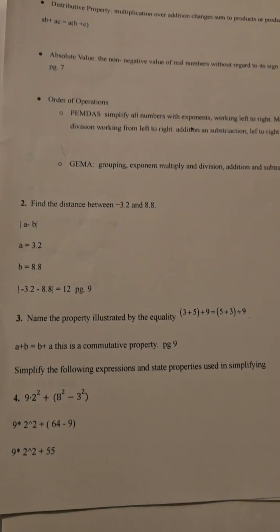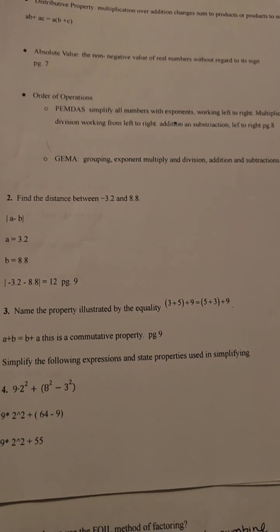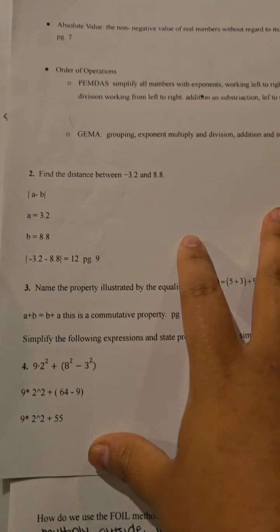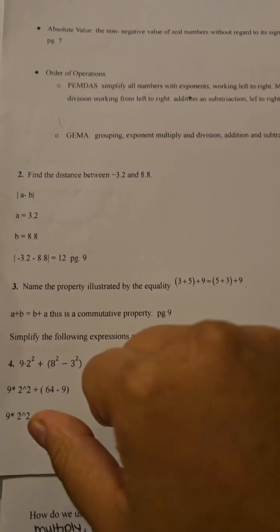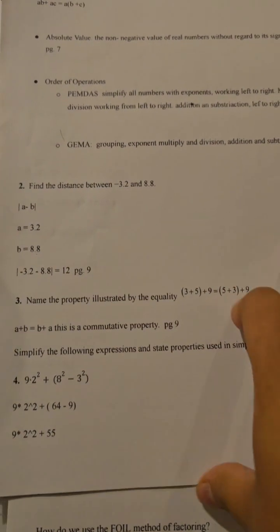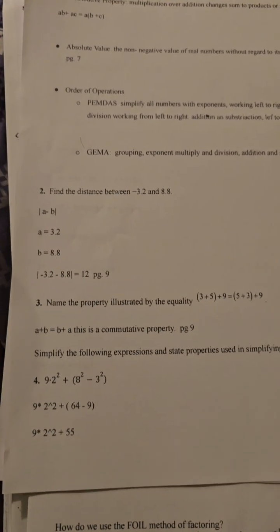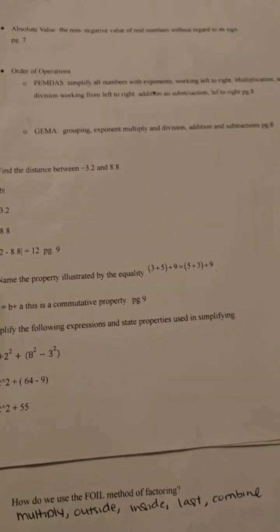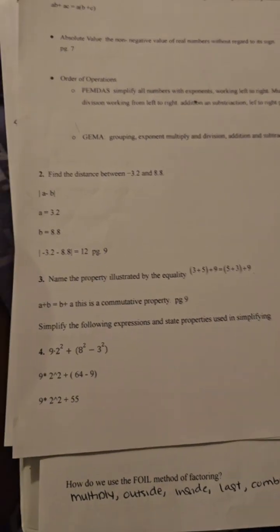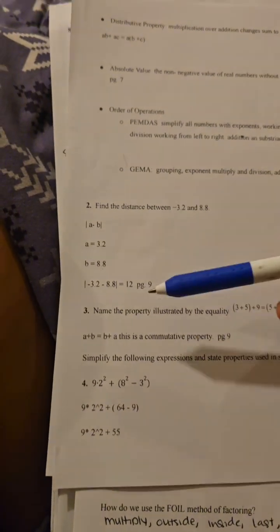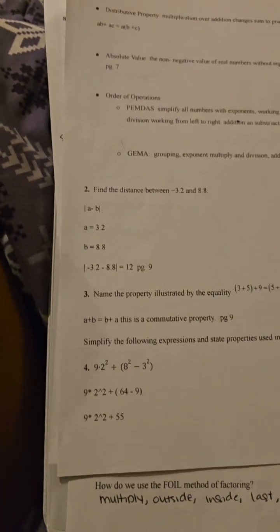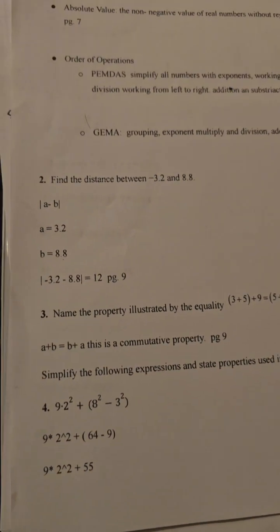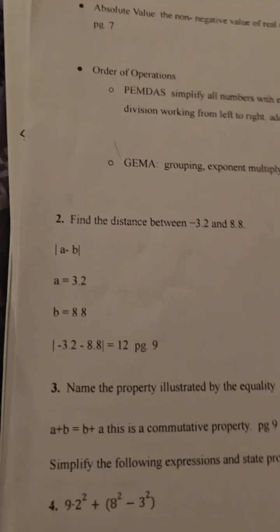Finding the distance between negative 3.2 and 8.2. I started off doing this on my laptop, and I figured out that it was a little too hard to type everything. So some of my work is already typed, and later on you'll see that I started writing it because it started getting too complicated.